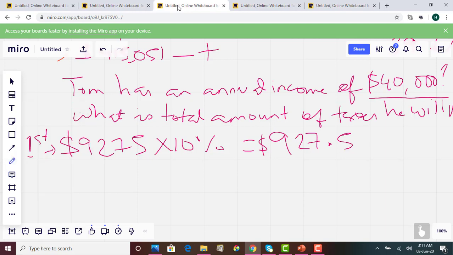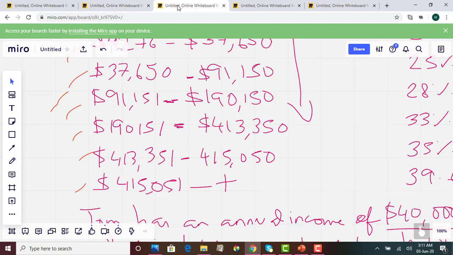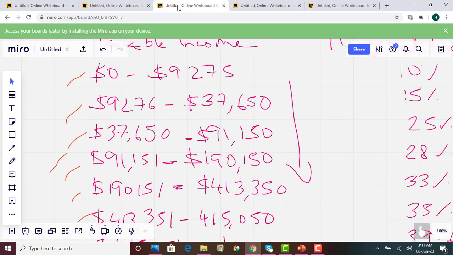So if we scroll up, the next level is 9,276 to 37,650. On the income that he earns in this level, he is going to pay 15%. Definitely he earns more than $37,650, so he will pay the 15%.